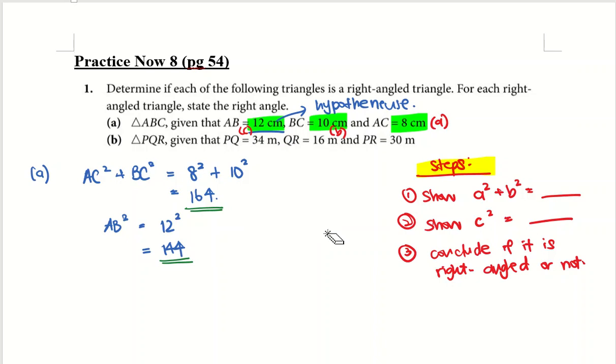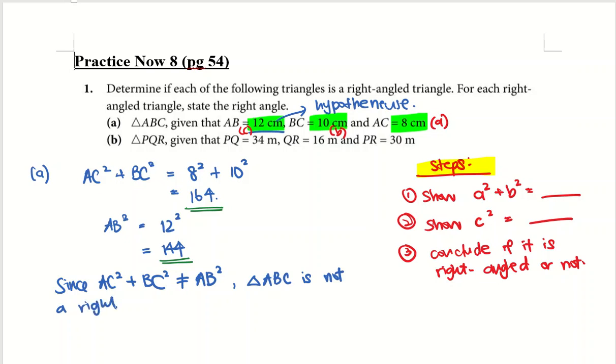So how do we phrase this out properly? Just follow: since AC square plus BC square is not equal to AB square, which is a square plus b square not equal to c square, therefore triangle ABC is not a right angled triangle.